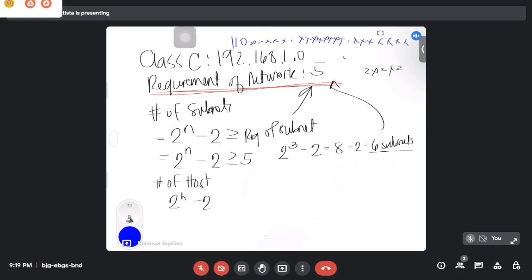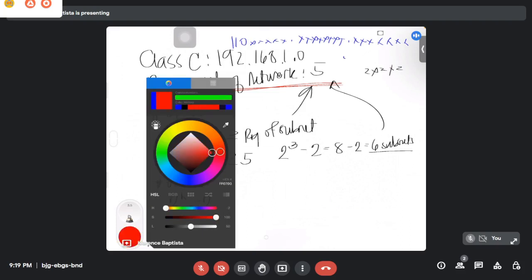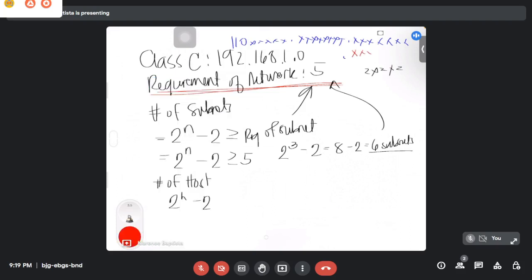Tapos last octet, i-read natin for the host. 1, 2, 3, 4, 5, 6, 7, 8. Okay?